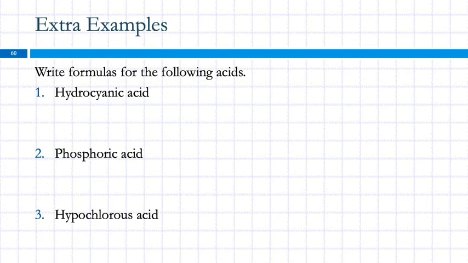So let's do these, write formulas. Hydrocyanic acid. Well, obviously it's an acid. What does this part tell me? It's the binary acid, no oxygen. So I'm going to look at the rest of this, cyan, for the other element.